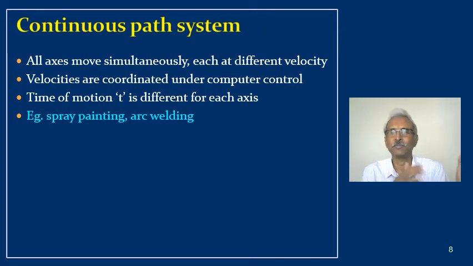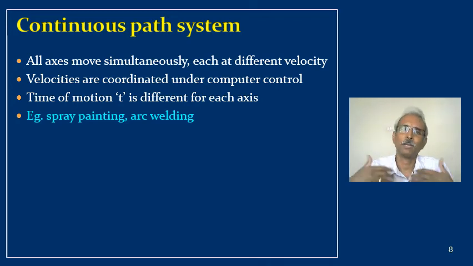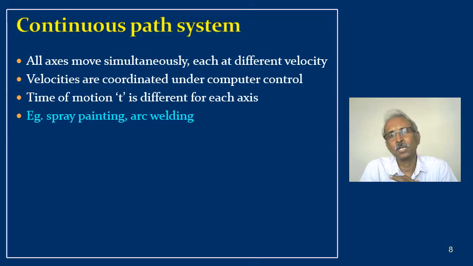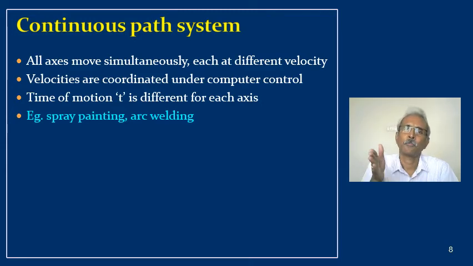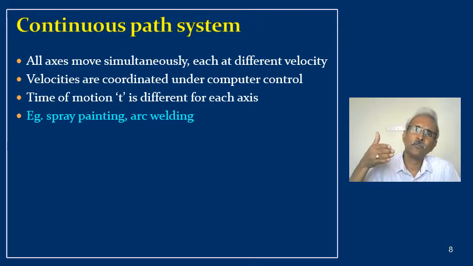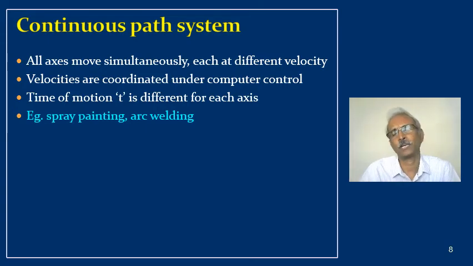Now again, to differentiate between point to point and continuous path systems, I want you to rewind back and go to your workshop where you worked on a typical lathe. For operations like turning and facing, when you do the turning operation, you move only along the Z axis, or you rotate only one wheel. When you want to do facing, you move only one direction, only one wheel is rotated.